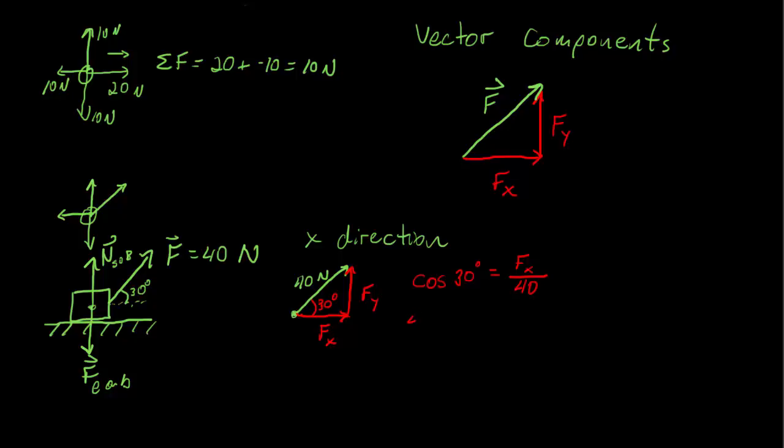Multiplying, you get 40 times cosine 30 degrees is my force in the x. And so my x component of the force is going to be 34.64 newtons. So you can see a portion of it, 34 newtons, is being applied.